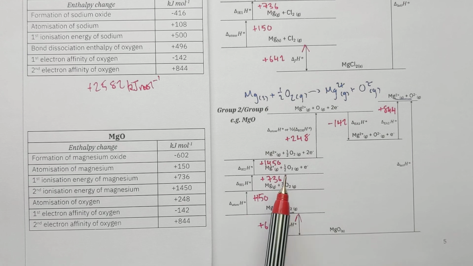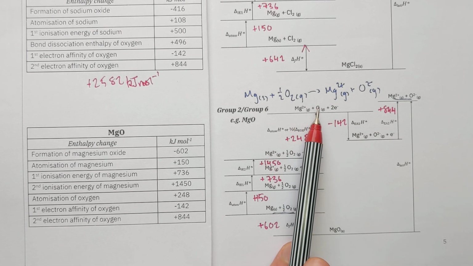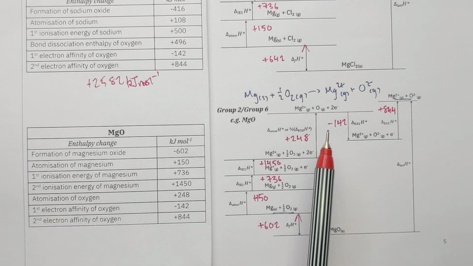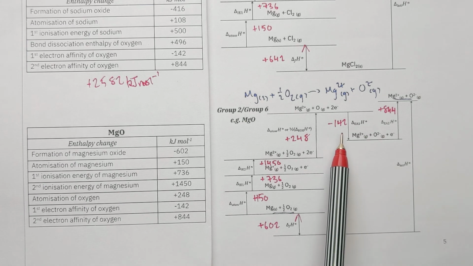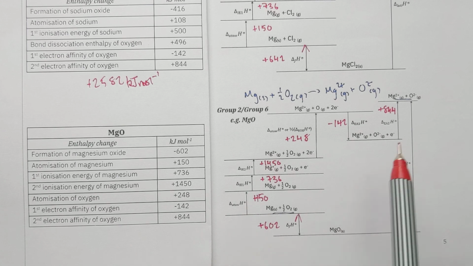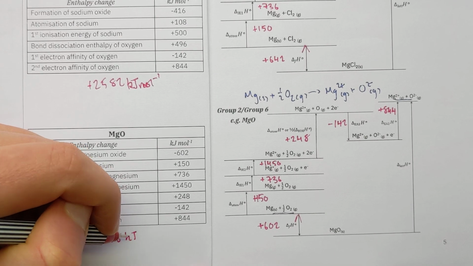Second 1450. With this step, I'm forming 1 mole of oxygen atoms. That should be the atomization energy, and luckily that is what they give me, so stick 248 on that arrow. First electron affinity is -142, second is +844, that's for oxygen, and that's all my numbers put on my cycle. Following the arrows around to get the lattice enthalpy should come out as being +3888 kilojoules per mole.